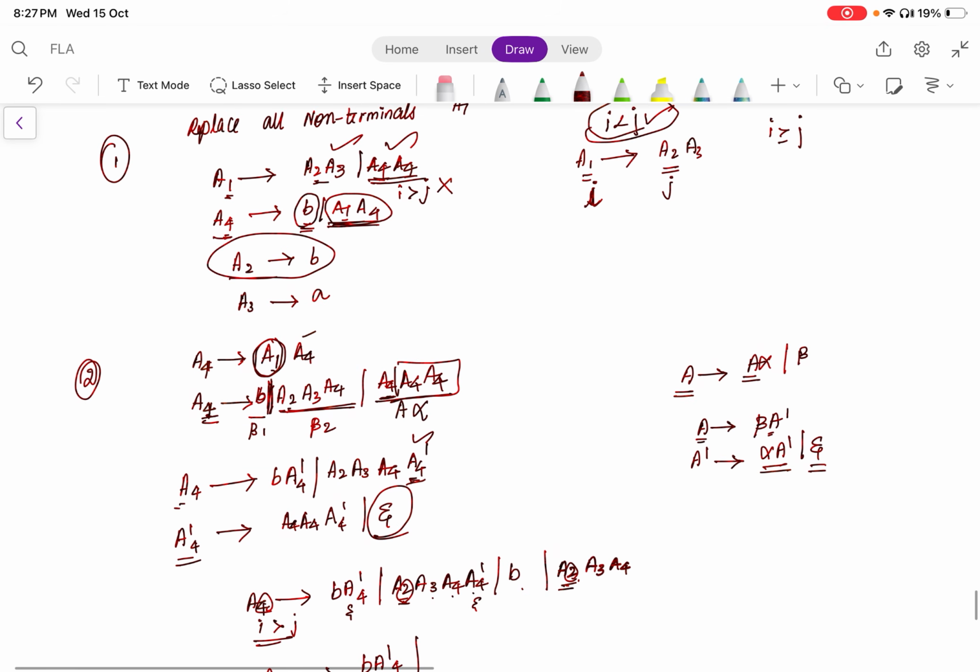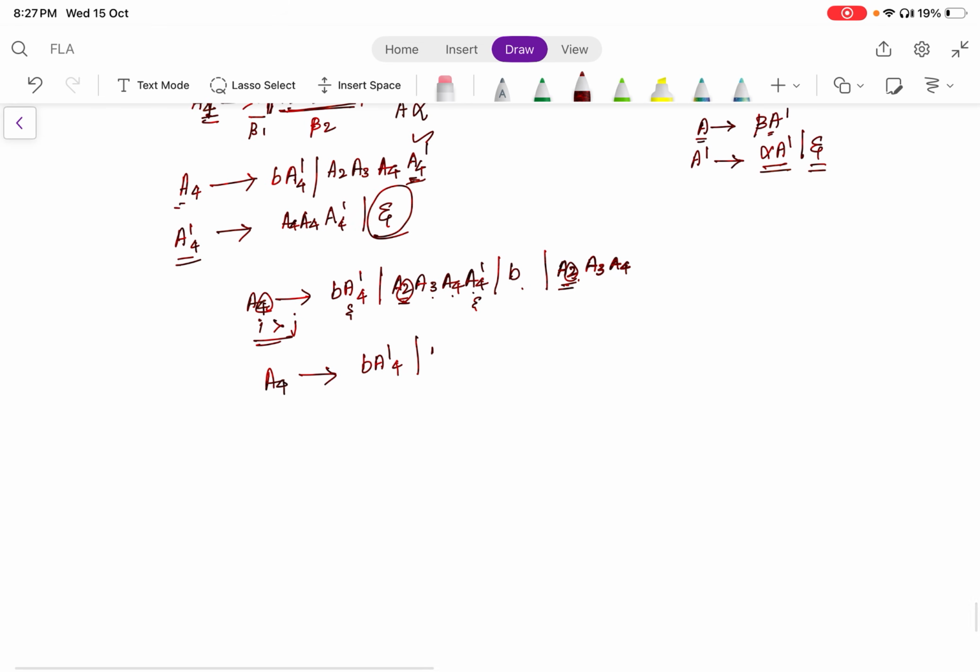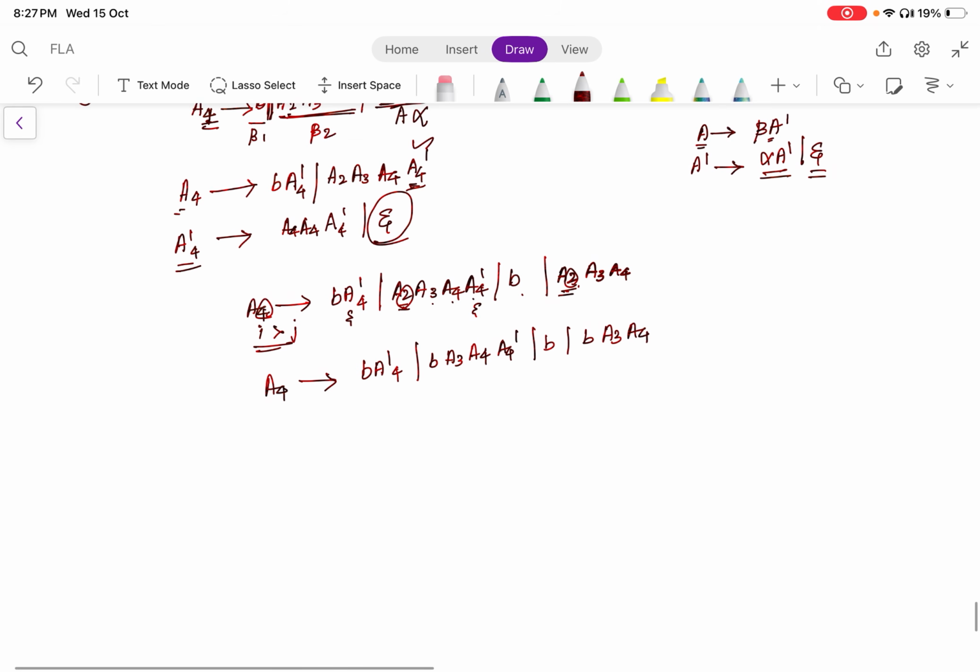A2 has only one, that is B. So instead of A2, you write B A3 A4 A4 dash or B A3 A4. So this is your new A4 production. A4 dash after removal of epsilon will have just A4 A4 A4 dash or A4 A4.